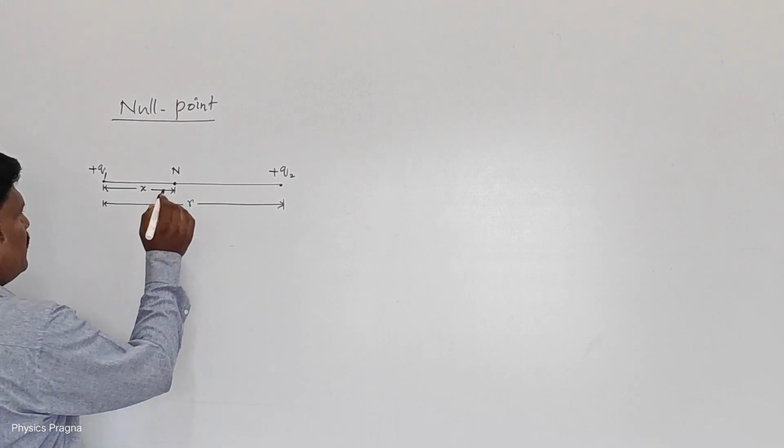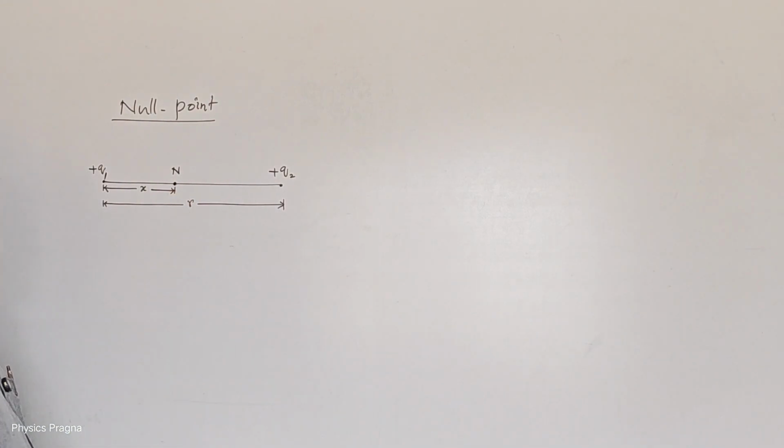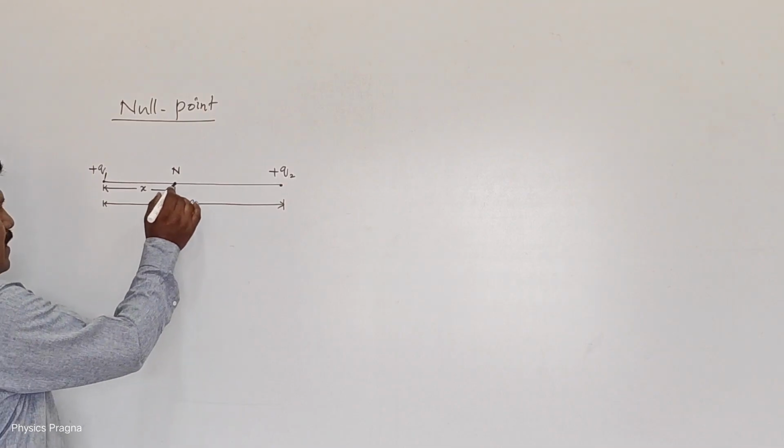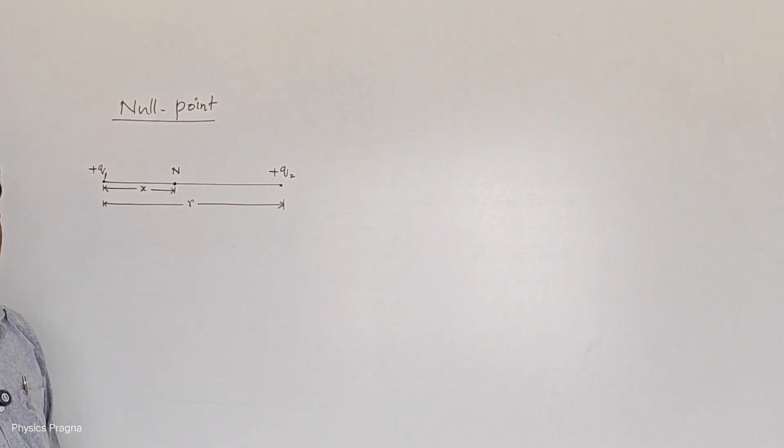How? See, at the null point we assume a unit positive charge is there. At null point N, wherever we want to calculate the electric field, there we assume a unit positive charge is present.